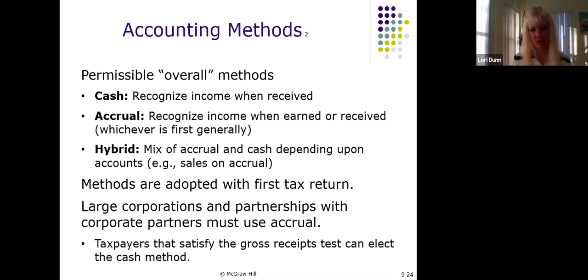Now, the hybrid method you have to choose from gives us a mixture of both cash and accrual. Cash and accrual, there's enough rules related to those that we're not even dealing with hybrid, okay? But you do adopt it on your first tax return.